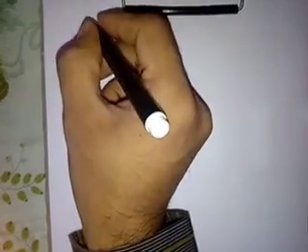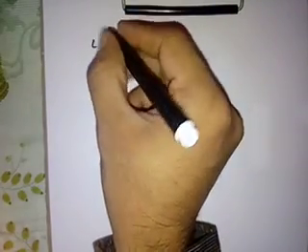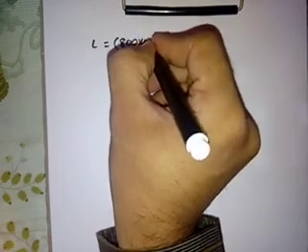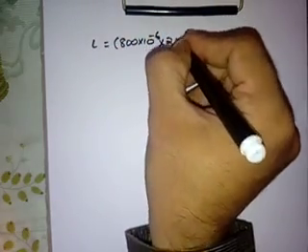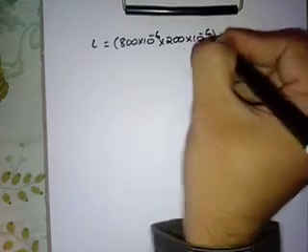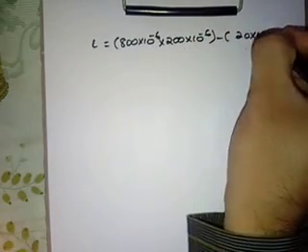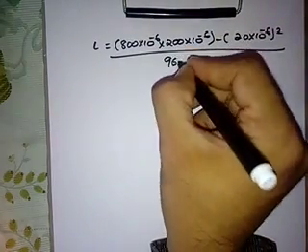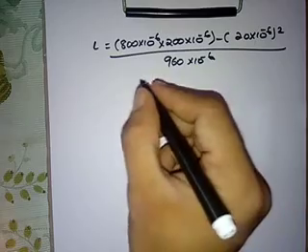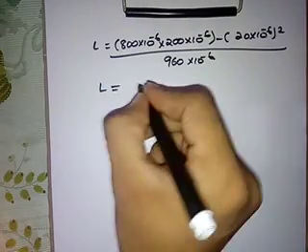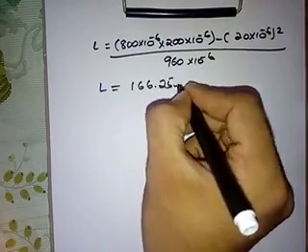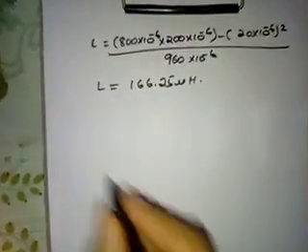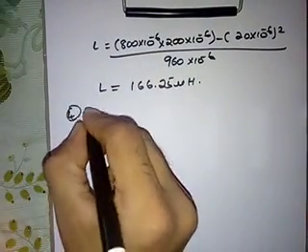Substituting all the values in this equation, L is equal to 800 into 10 raised to minus 6 into 200 into 10 raised to minus 6 minus 20 into 10 raised to minus 6 square, divided by 960 into 10 raised to minus 6. On simplification we get the value of L as 166.25 microhenries.